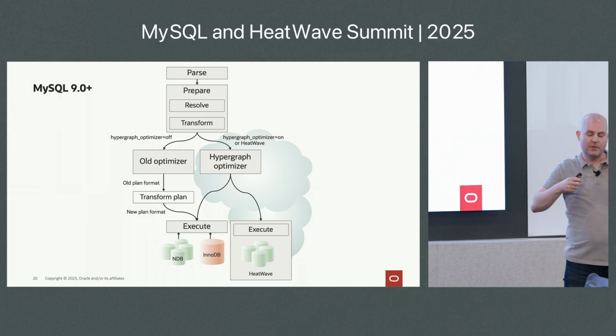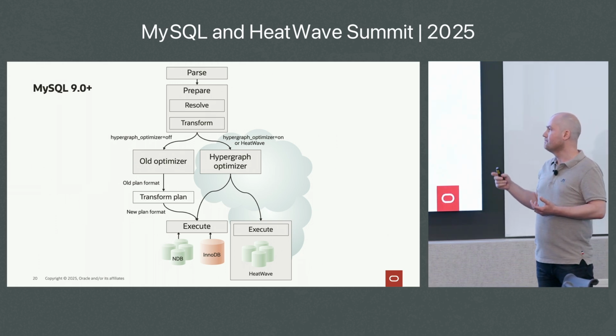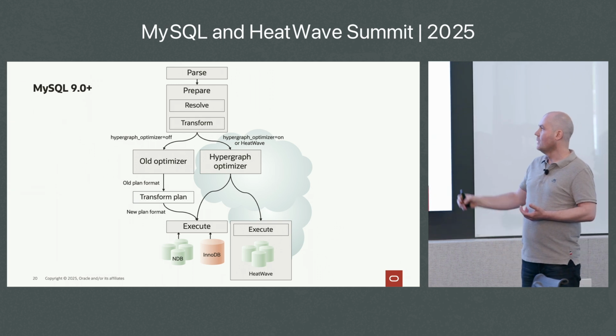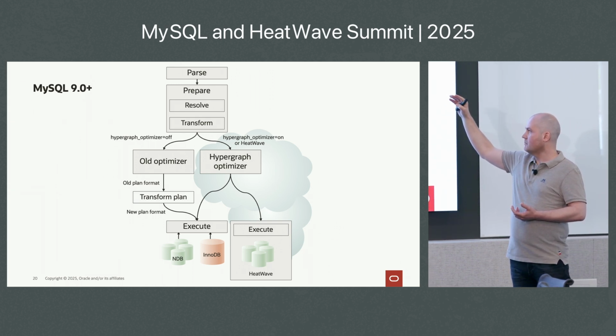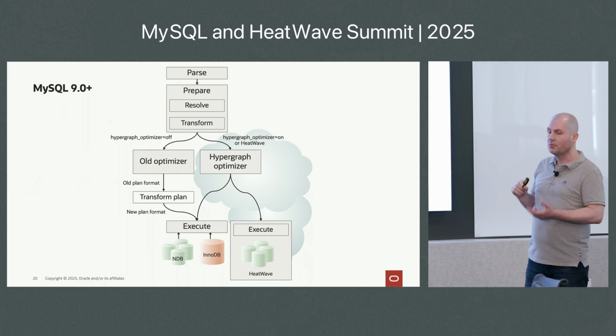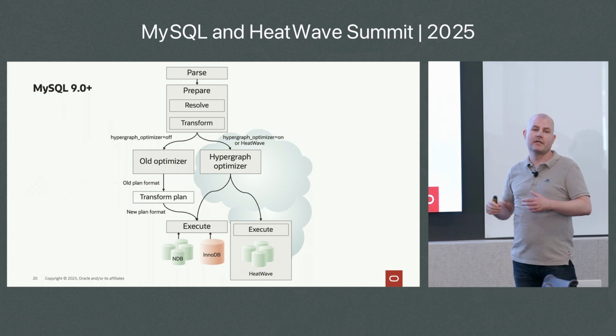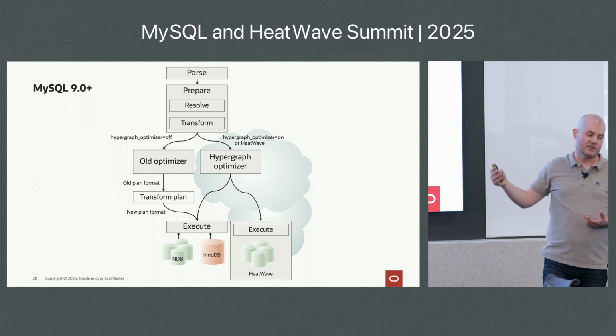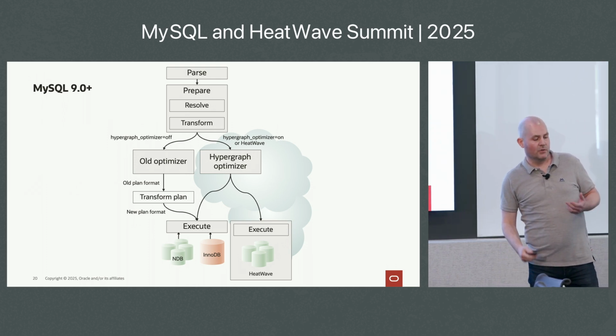That's the step we did before we opened up for using the Hypergraph Optimizer. The old plan format is less expressive than the new plan format. The new plan format can express more types of plans than the old one, so it's a simple transformation from one format to another.